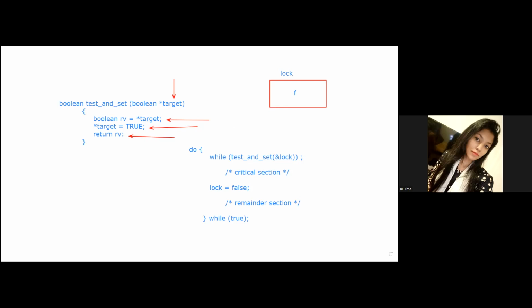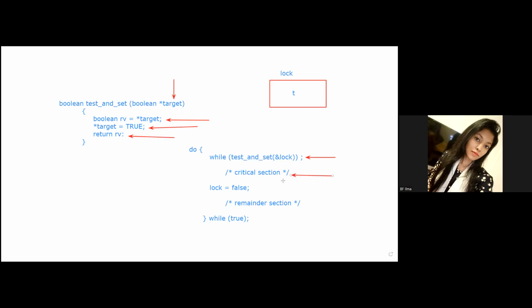Initially it was false and it returns false, but not before changing its value to true. So now the lock is true. However, at this point, it will return false. Then it doesn't get stuck in this infinite loop. It can enter the critical section.